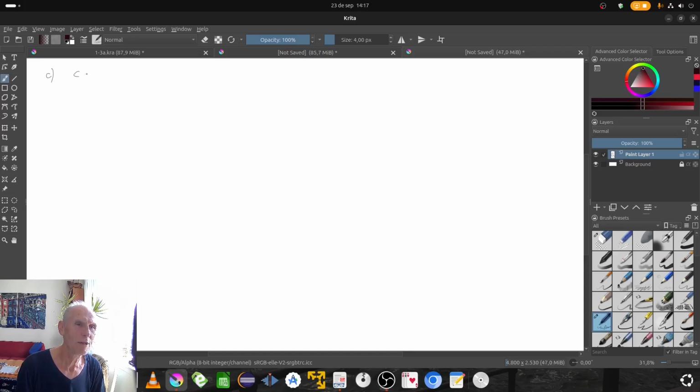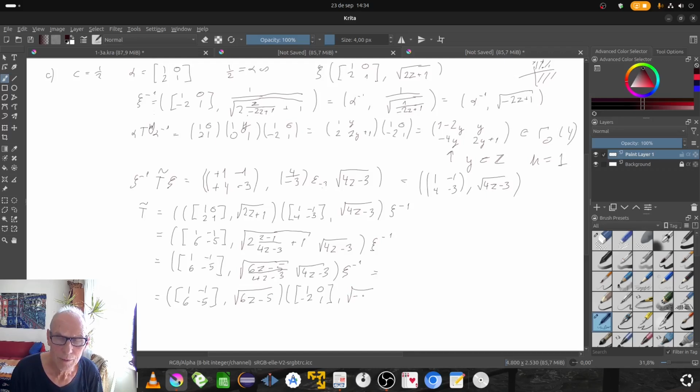So it's the cusp 1/2, and alpha is... so first the matrix. 1 plus 2 gives 3. Are we far off?